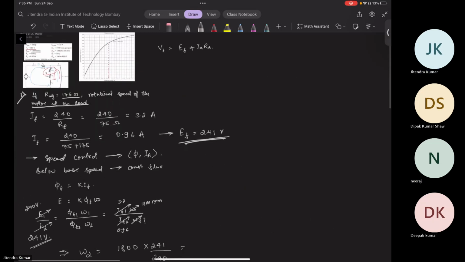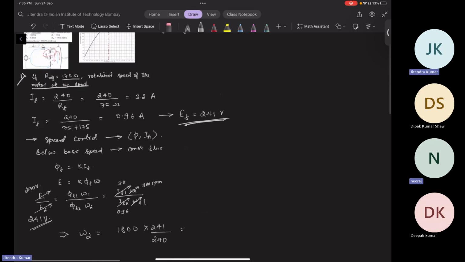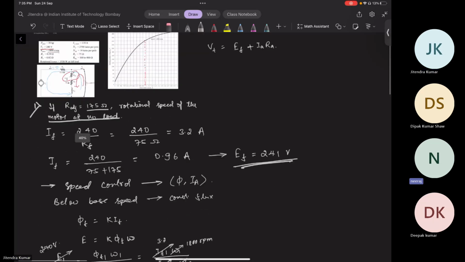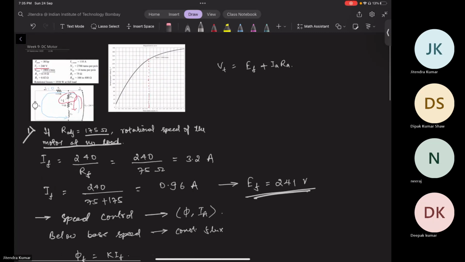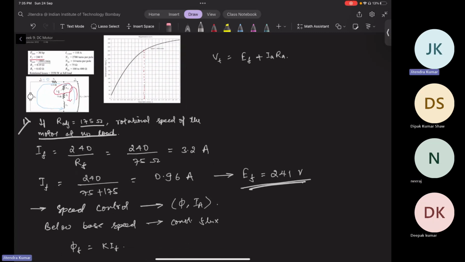So the terminal voltage is 240, but the induced voltage is 241. So that should not follow, right? At most, it could be equal, but it cannot be greater than that, sir. 240.